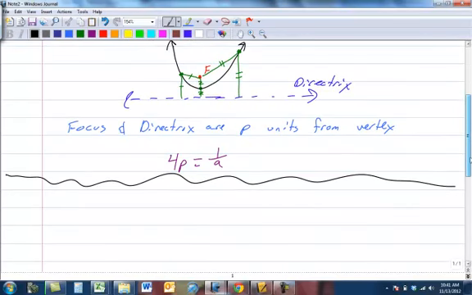Now, let's talk about the tools that we're going to need. First thing we need is the graphing form. Now, there's going to be two different graphing forms. The first one is what you know. y is equal to a times the quantity x minus h quantity squared plus k. We know and love this one, right?